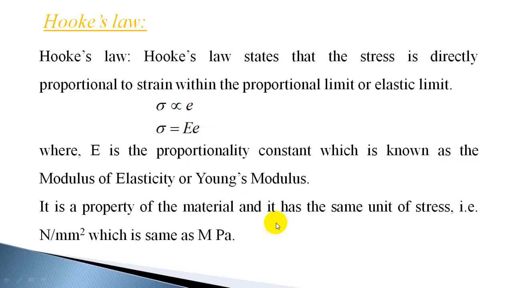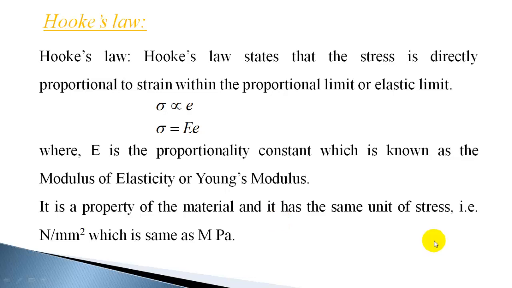So you can calculate Young's modulus as the ratio of stress divided by strain, but you can apply this equation only within the elastic limit. So you can define Young's modulus as the ratio of normal stress to normal strain.